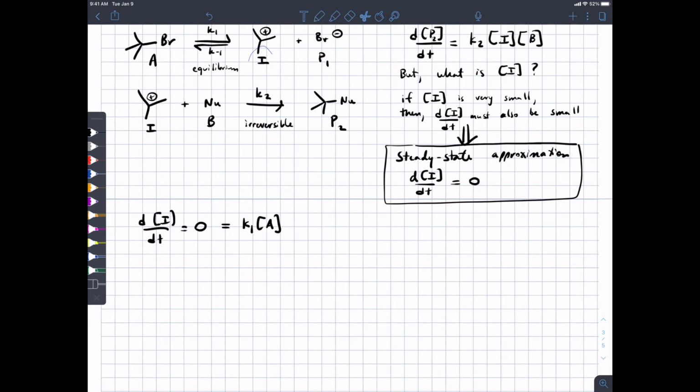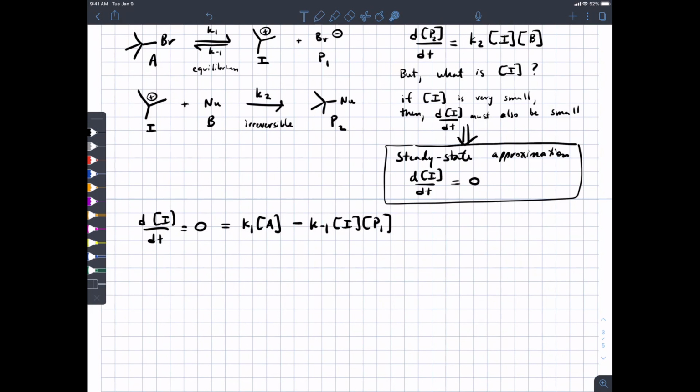How about all the ways we can lose I? Well, we can lower the I concentration by having I react with product 1 via this K minus 1 rate, the reverse rate constant, to give me A. I'm going to use a negative here because the K minus 1 step decreases the concentration of I.